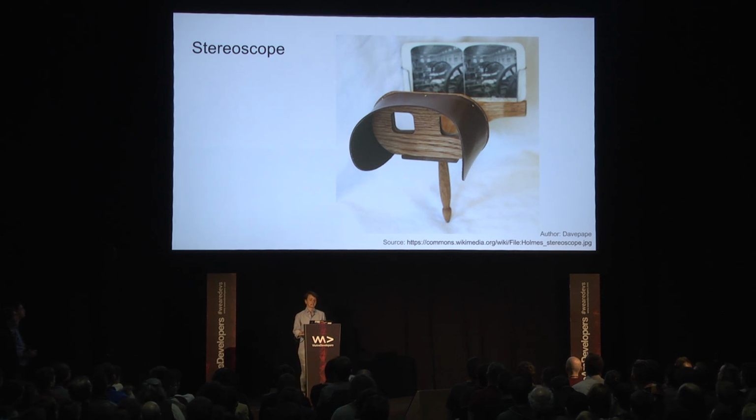This is a stereoscope, a device to view stereo images. This one is from the middle of the 19th century, and it was a big thing then. There are famous painters who painted people looking at the VR, the stereoscopes and stereo images.